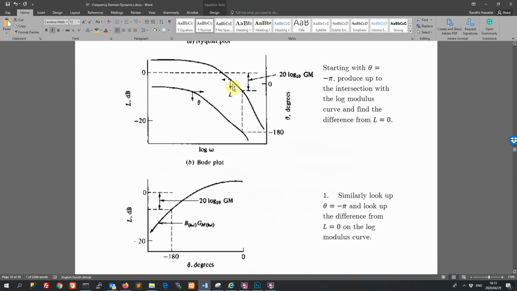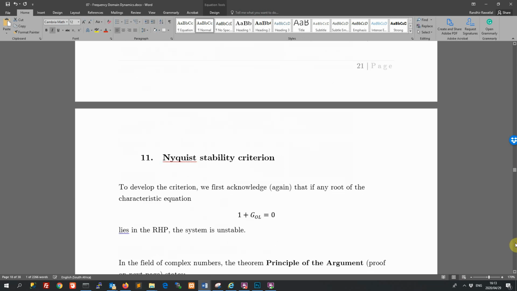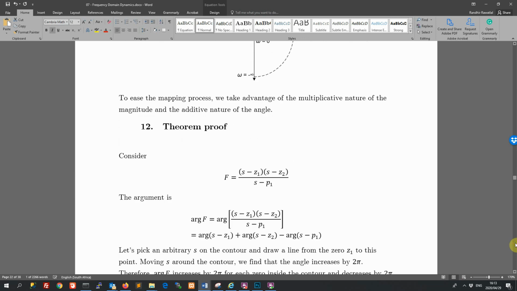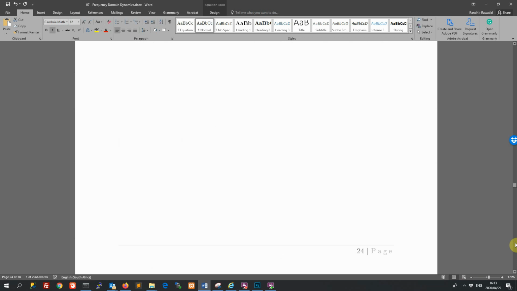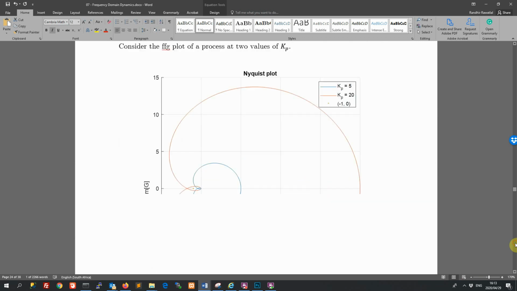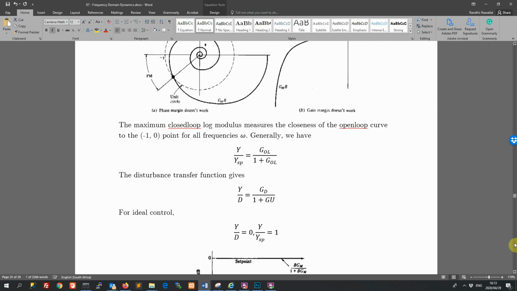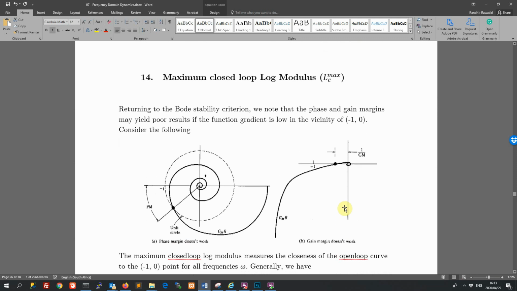Here, in this early example, we were looking at when is it minus 180 degrees, and then when is it 0, and what's the difference there. So that was all about how far we were away from minus 1, 0. So now we have the full justification for doing that, and here are some definitions that are useful.